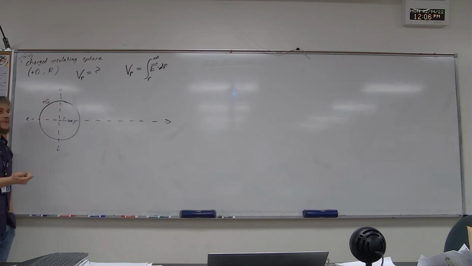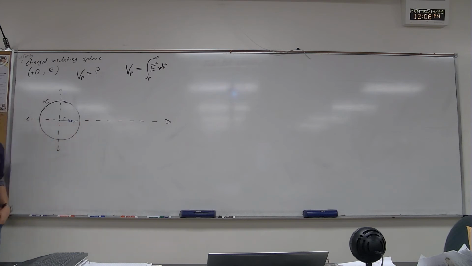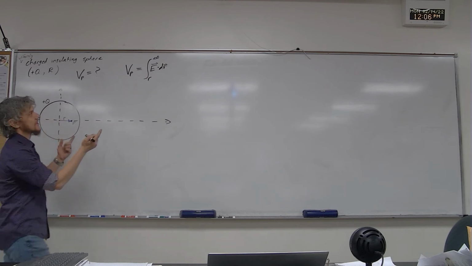But then I have to realize that the electric field in here and out here do not obey the same equation. And this isn't a conductor, so it's not just zero inside. And so we actually have to break this up.